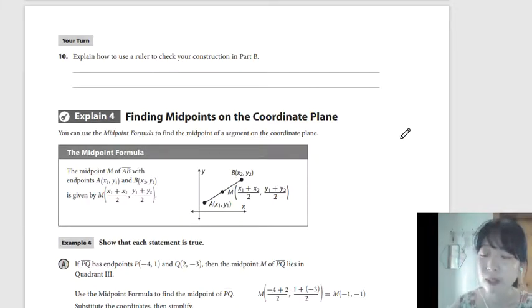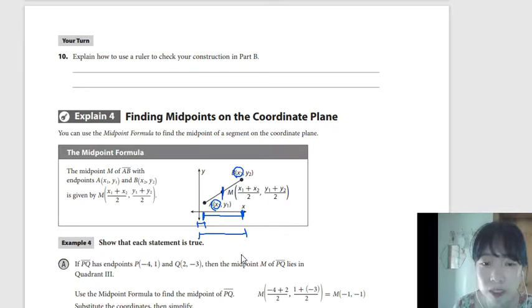Alright, that makes sense, because if you have 2 points, A and B, and then you add the x's together, looking at the horizontals, you add this part and this part together and then divide by 2. That's going to be your average, which is your midpoint.